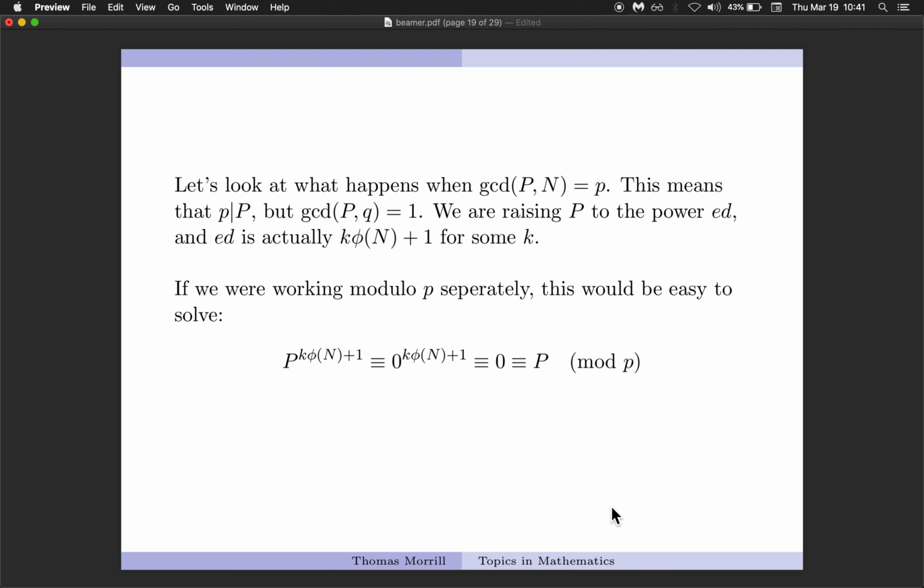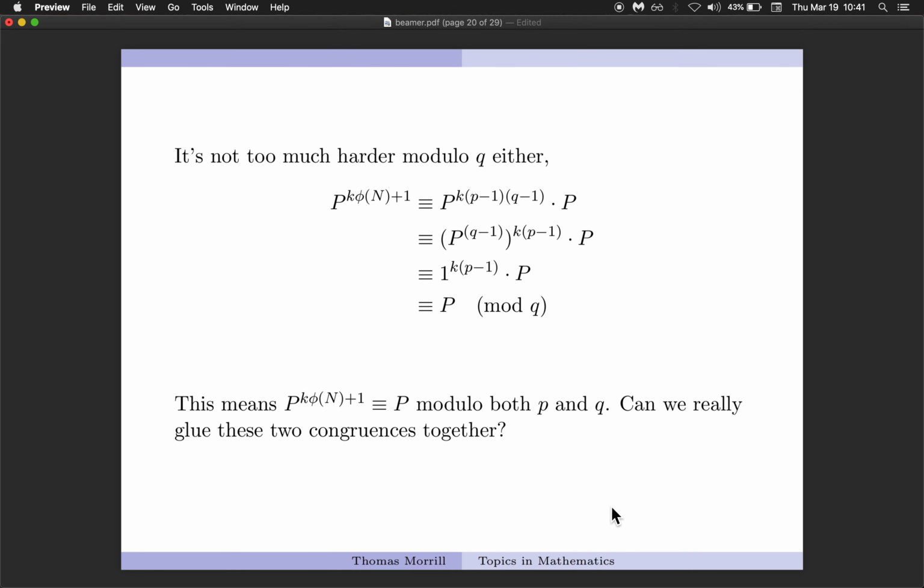What happens for the other prime divisor? If I have the message to the power k times phi of n plus 1, looking modulo q, I want to get back to the original plaintext message P. So in this exponent, I have k times phi of n plus 1 copies of the plaintext.